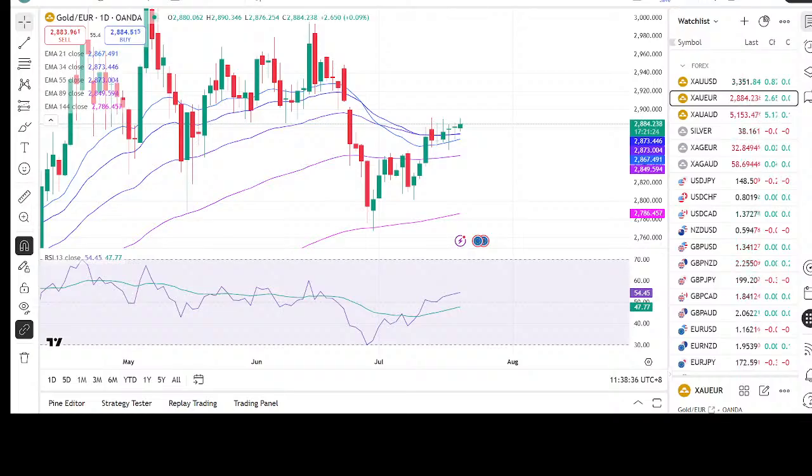Okay, weekly order. So as far as the selling is concerned, I think it's straightforward. We will go for a sell at 2950.